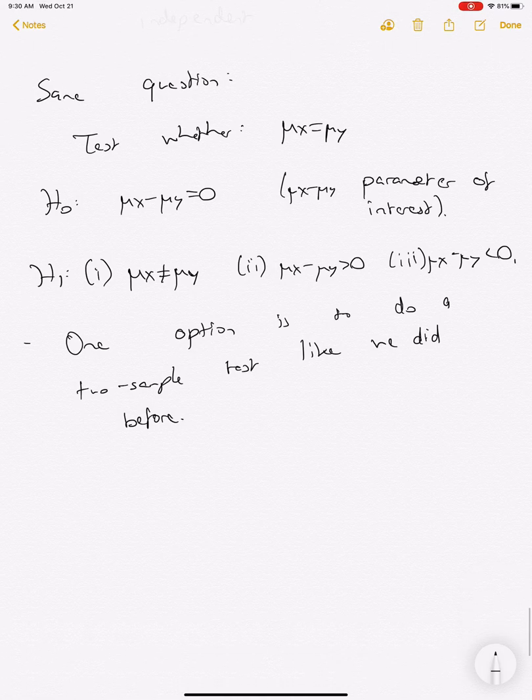So there you have that clearly, the statistic there is x bar minus y bar over Sp times square root of 2 over n.